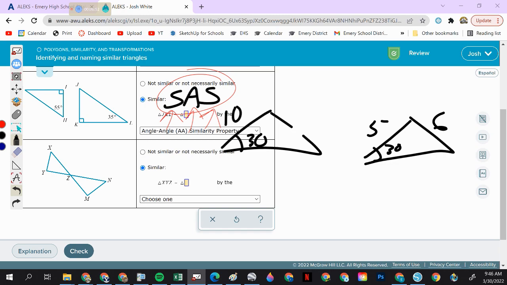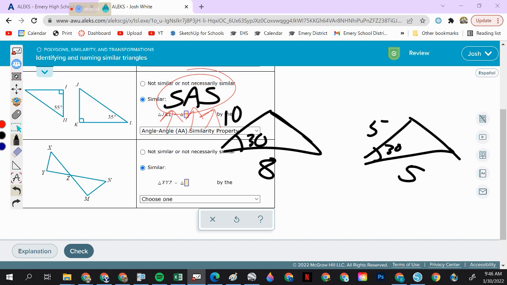So if I went like this, are those similar? We are looking at side, angle, side, but 10 divided by 5 is 2, and 8 divided by 5 is not 2.